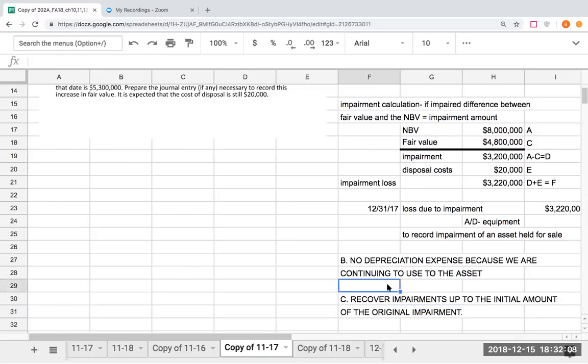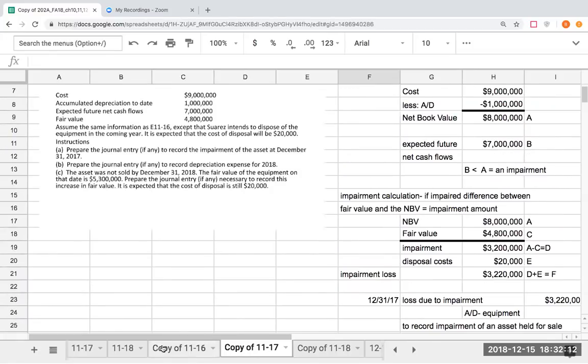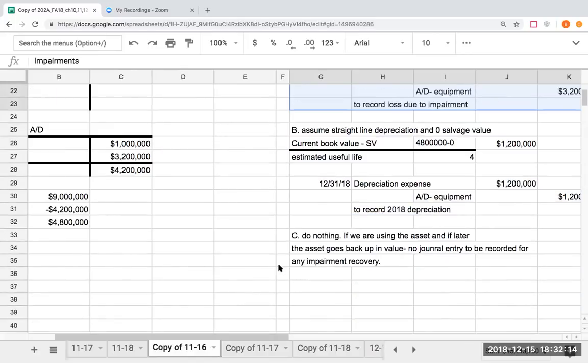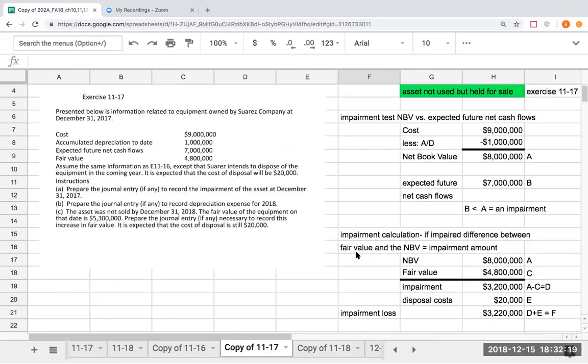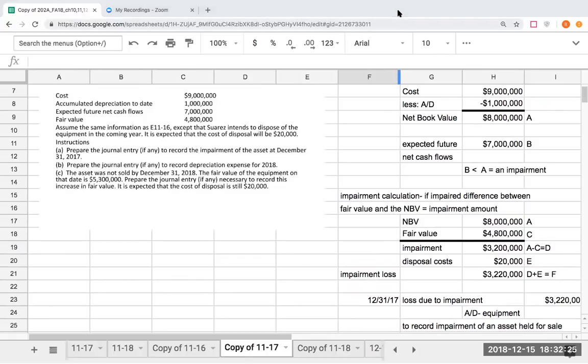So what we're going to do now is go ahead and recover it. Now remember, this is different than here. When we were using the asset, we didn't do anything. But here, because the asset is being held for sale, we're now going to have an impairment recovery.